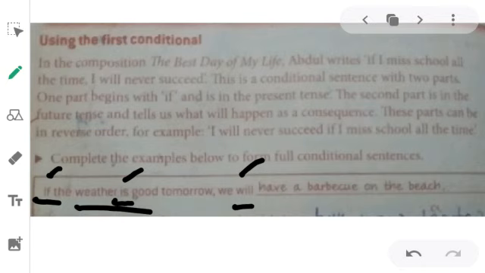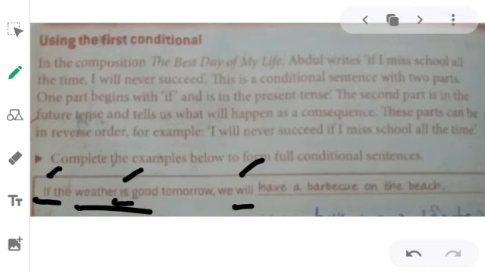So think about what will happen nowadays, what the effects on animals' hibernation would be. You may write that if the weather becomes hotter, the animals will come out of hibernation. If the weather becomes more hot, the animals have to come out of hibernation. So you can write in present tense, the weather becomes hotter, the animals will come out.